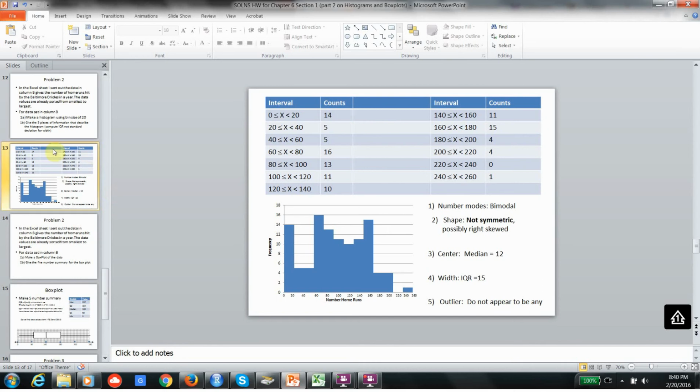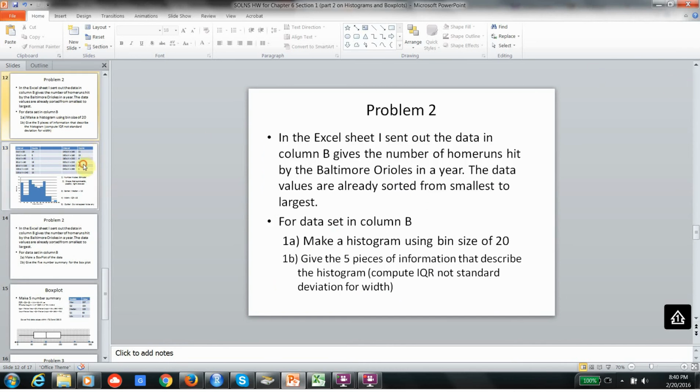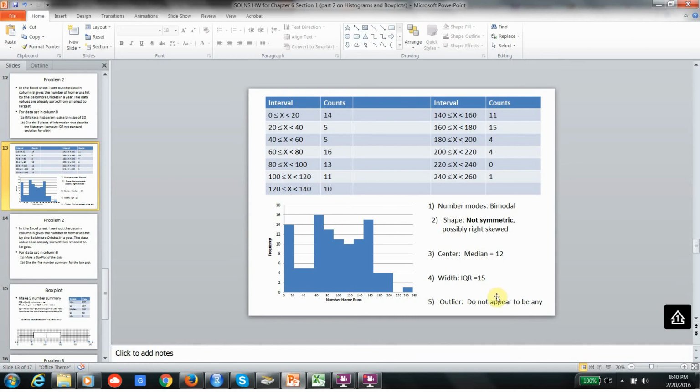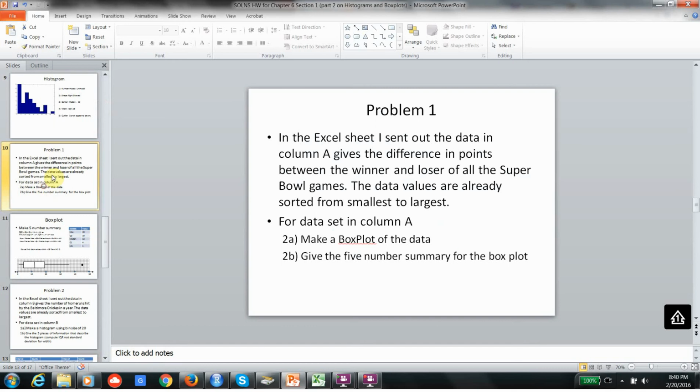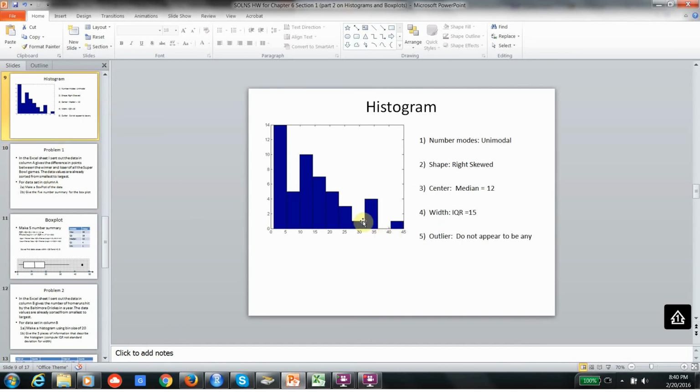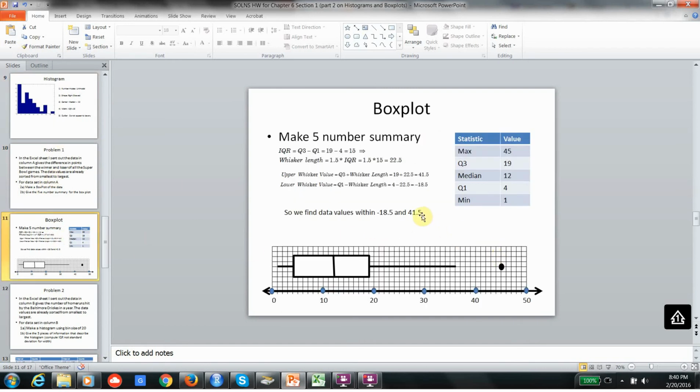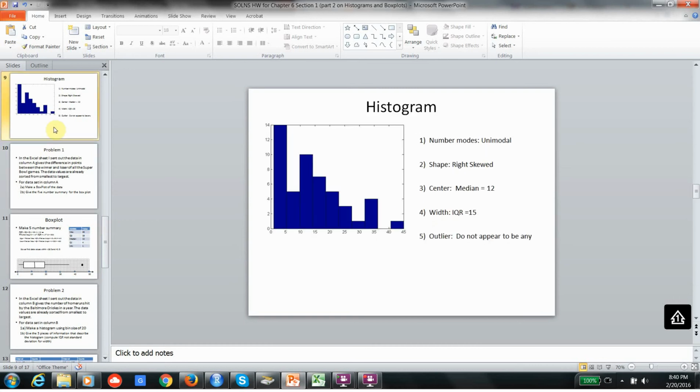Notice for the first problem, we actually got conflicting conclusions for the outlier. We said that there doesn't appear to be any, but actually when we did the box plot, we found out that technically there was. So when we're looking at the histogram and we're talking about outliers, it's kind of a judgment call.